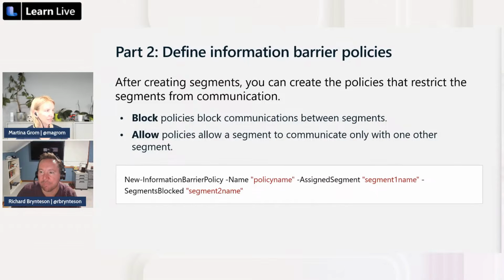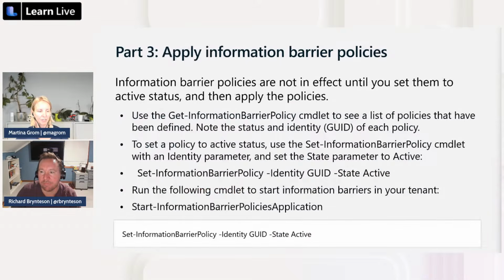And the other part is when you have defined your information barrier policies, and after you have segmented the users, you go and say, okay, I want to have a block policy, or I want to have an allow policy between different segments here in my information barrier policy.